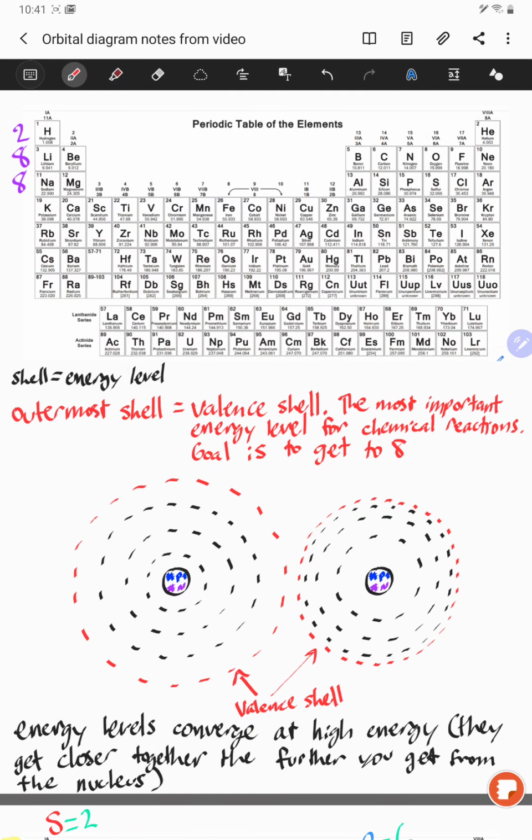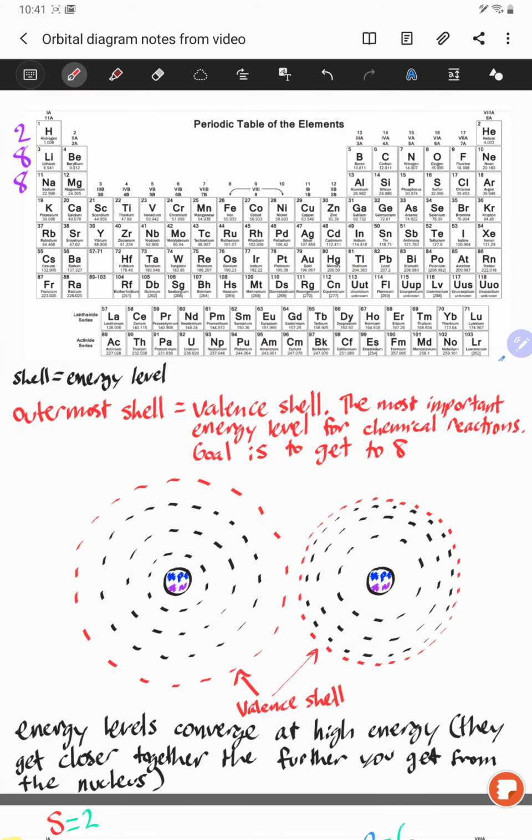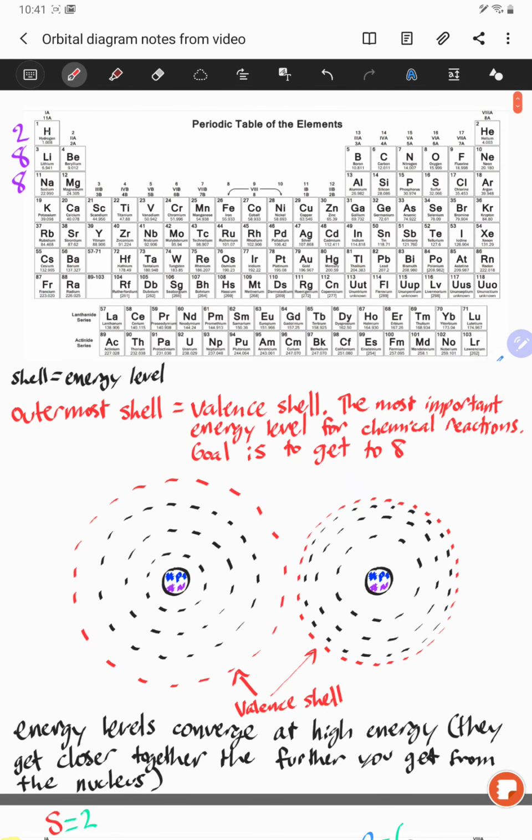The number of electrons that fit on each energy level, last time we said that the first energy level holds 2, and then every other one holds 8. We're going to backtrack on that second statement this time and recognize that this number is a little bit different because of this d block here.